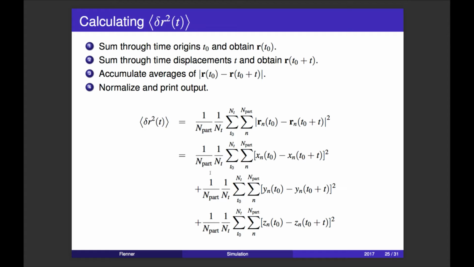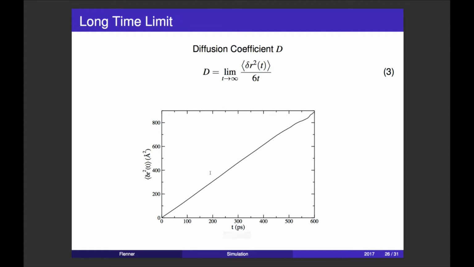That's why we have the wiggles at the end, but it's pretty straight. The diffusion coefficient is, by definition, related to the mean square displacement at long times, and so we'll calculate that later too.